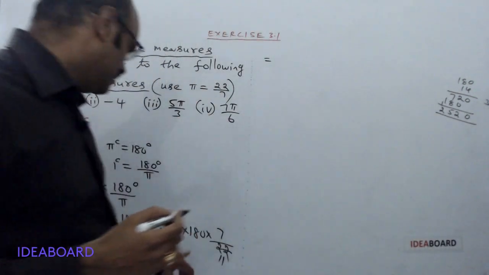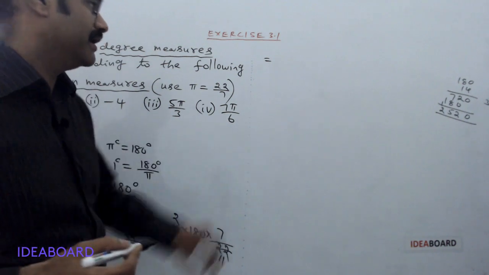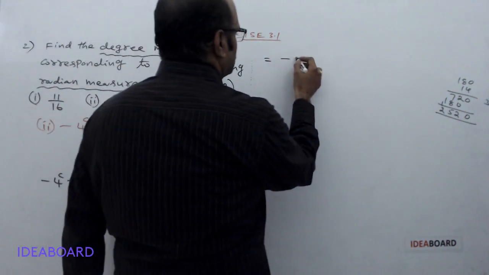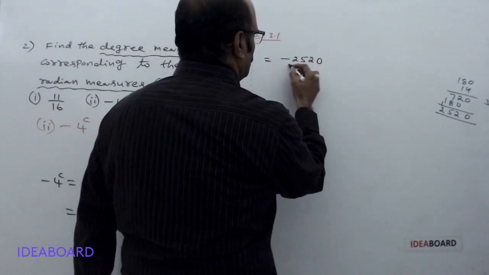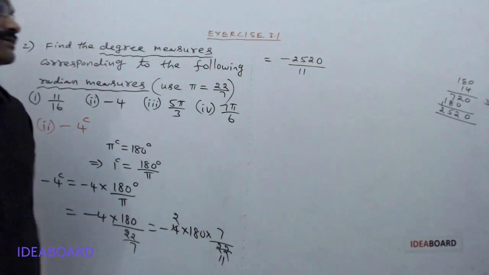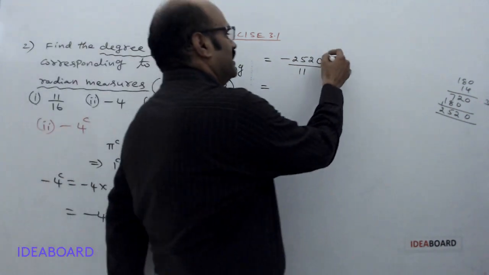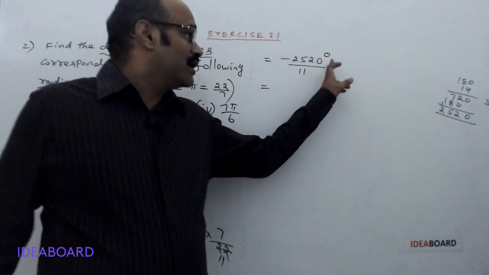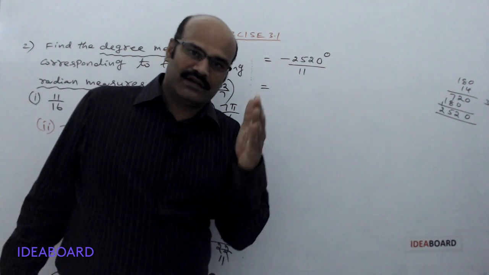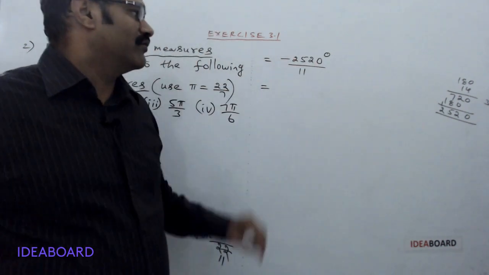When you multiply 180 and 14, we get minus 2520 by 11. Now we have to divide. Here we are getting degrees, but it should not be a fraction. We have to convert this into minutes and seconds. So here we have to divide now.